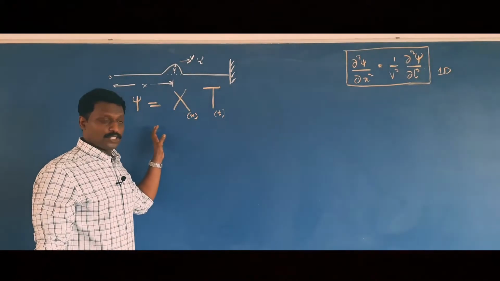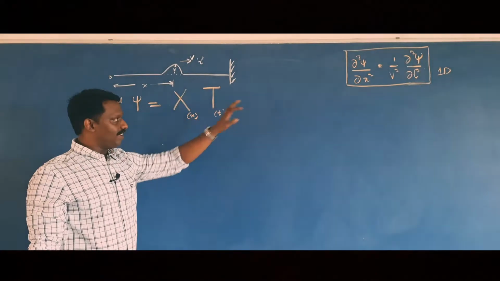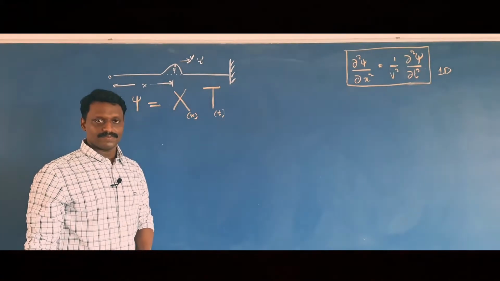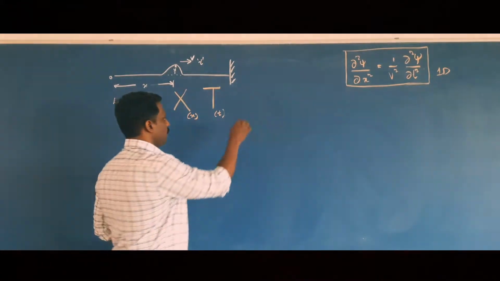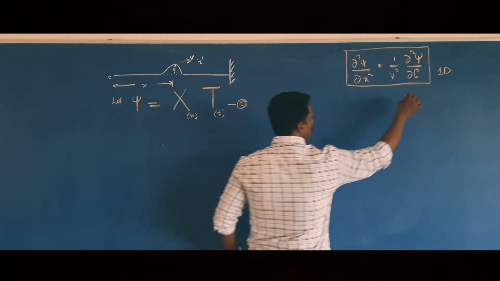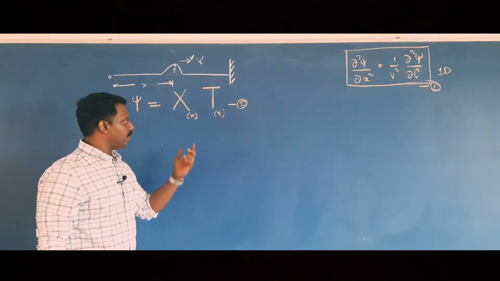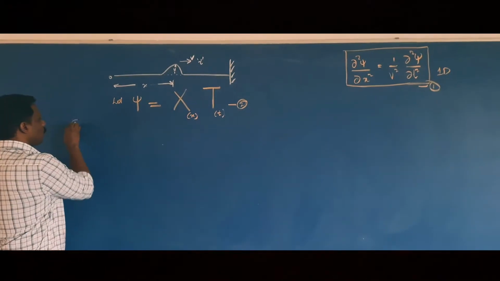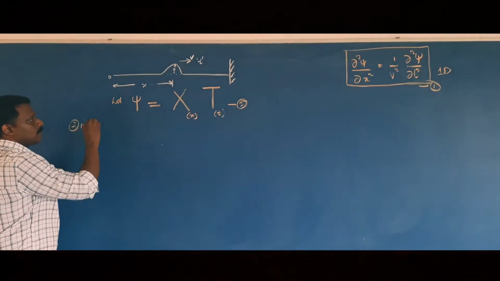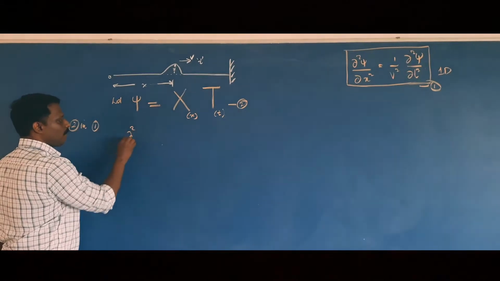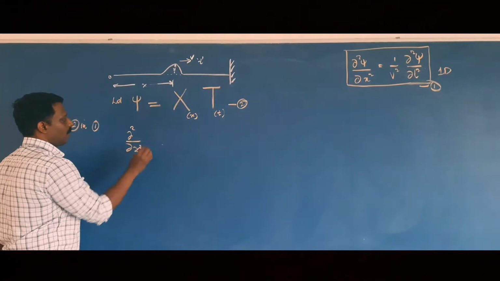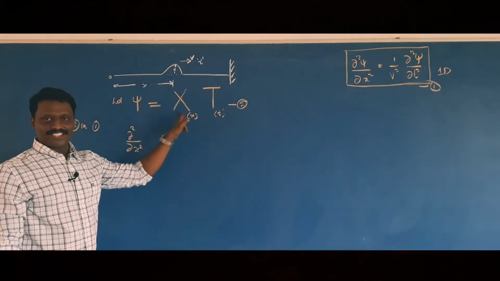Now we can substitute the value of ξ in the general equation. Let this be equation 2 and the differential equation of wave be equation 1. So let us substitute equation 2 in equation 1. Substituting in ∂²/∂x², we replace ξ with XT.